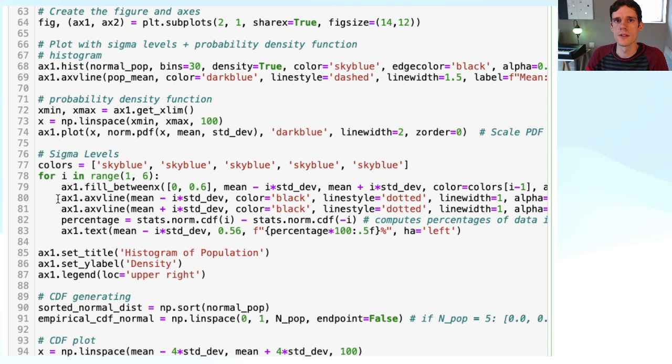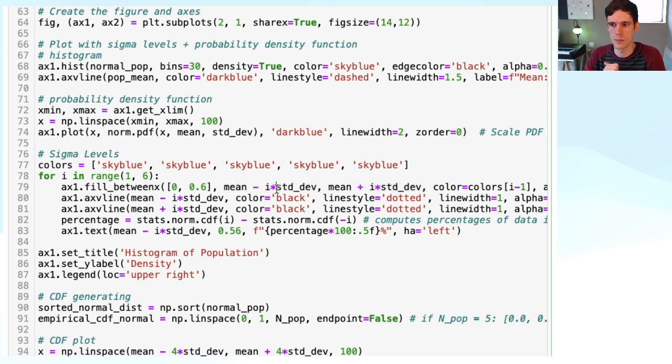Now to fill in the space between these lines, we go to the first line in our for loop. Here we again use the function fill_between x. Now the first parameter is the lower and the upper y value of our filling rectangle, in this case 0 to 0.6. And the second and third parameters in this function indicate the bounds on the x-axis.